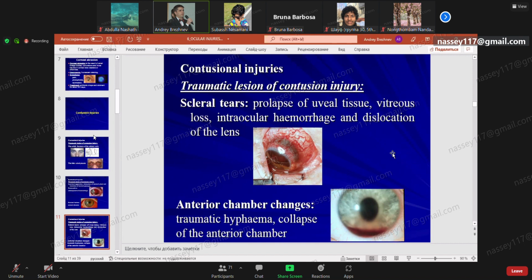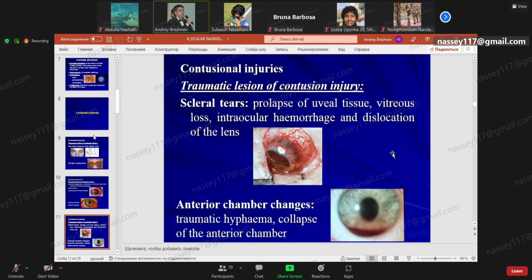The complication of the open wound of sclera is a prolapse of inner structures, uveal tissues, choroid, vitreous loss, and of course, different hemorrhagic complications, intraocular hemorrhages, a dislocation of the lens, retinal detachment, damage of the optic nerve, and so on and so forth.